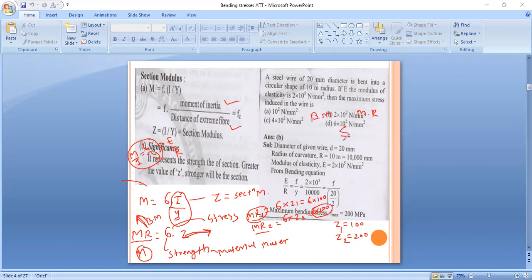Should be greater than, or should be less than, or equal to? बेंडिंग मोमेंट और मैक्सिमम बेंडिंग मोमेंट. Which relation is correct for any design of beam?